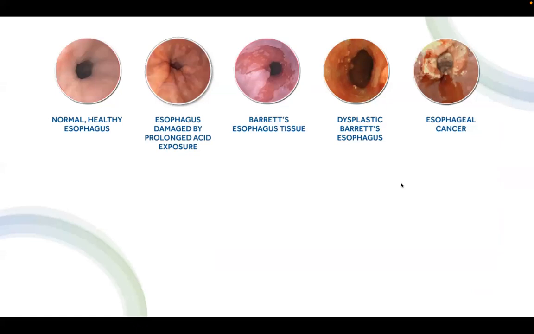This is what basically happens in the timeline. Normal esophagus, you have here stratified squamous, okay? Then it's damaged by GERD, you develop Barrett's esophagus, dysplasia occurs until you develop esophageal cancer. Now, question, what specific histologic type of cancer do you see when it is associated with Barrett's esophagus?